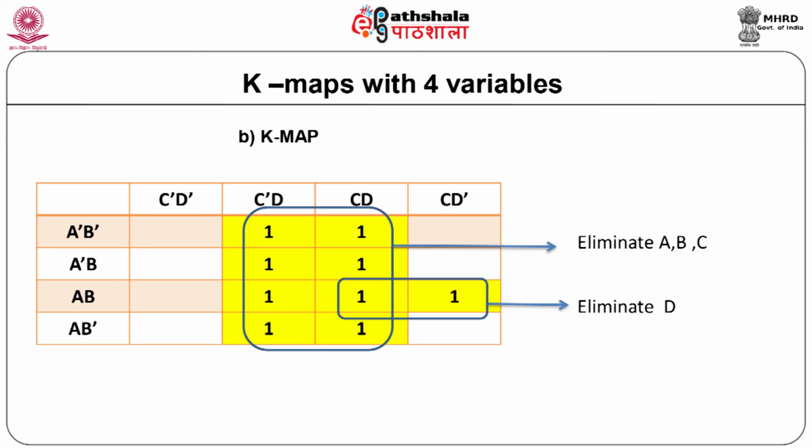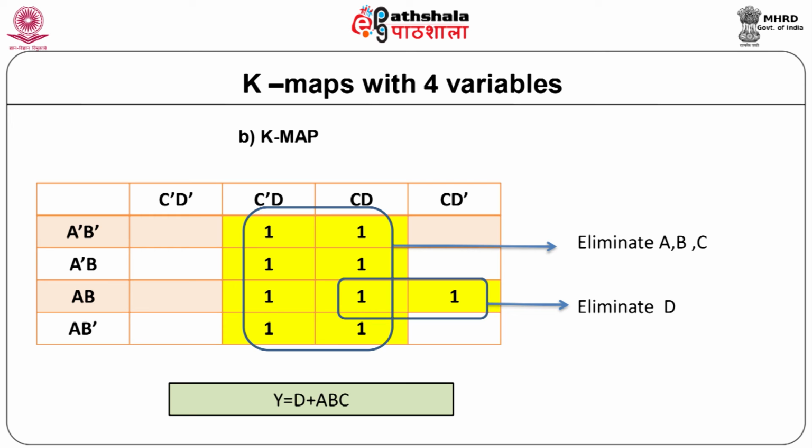From this pair we can eliminate D. So, the simplified Boolean expression contains only 2 terms in place of 9 unsimplified terms. The output is y is equal to D OR ABC.